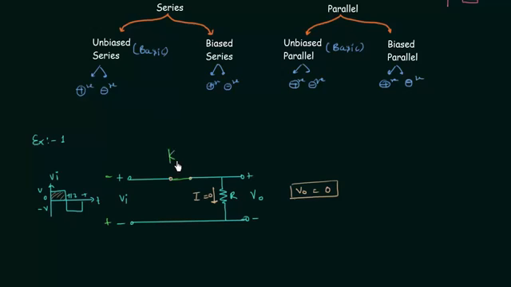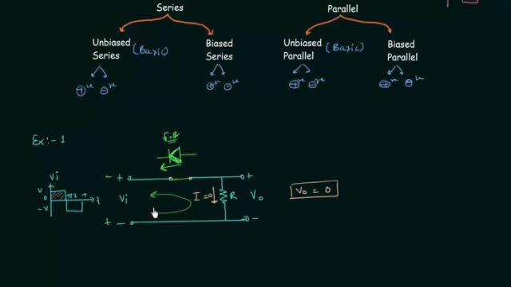The diode was connected like this. This is the arrow in the diode symbol, and in this case the direction of current will be like this. So the direction of current is matching with the direction of arrow in the diode symbol.